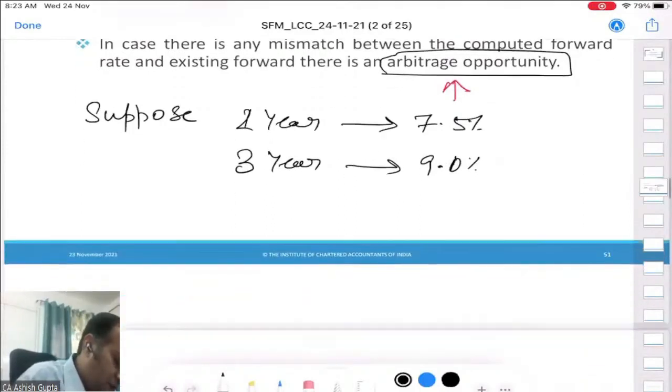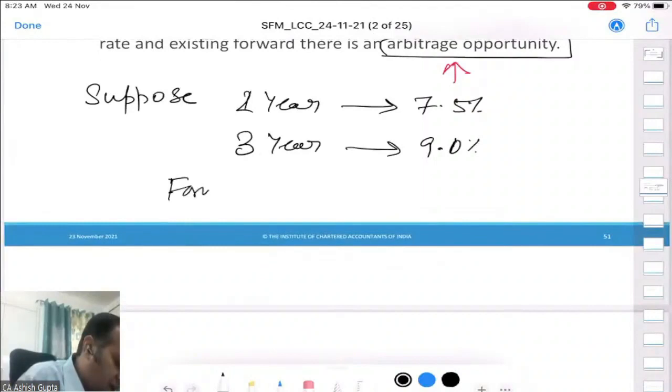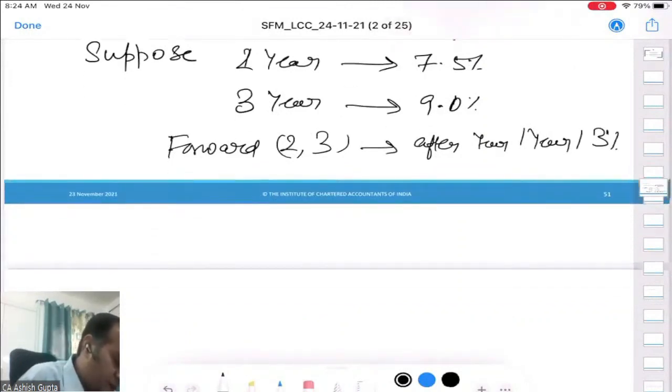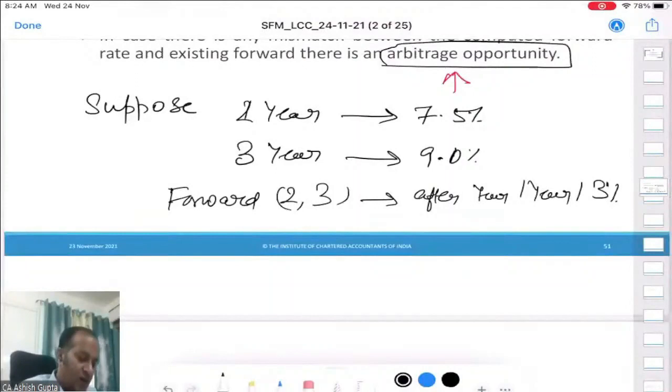However, the forward rate for 2 to 3 years, that means after 2 years, the 1 year rate of interest is say 13%. Please note down the figures. 2 years is available at 7.5%, 3 years is available at 9%, and the forward rate after 2 years for the 1 year is 13%.